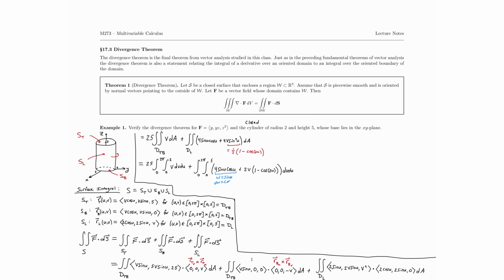This will work out. And notice that the bounds will end up being both 0. So that means the u integral will just be 0. The v integral will be 5, but 0 times 5 is 0. Okay, so that's nice.